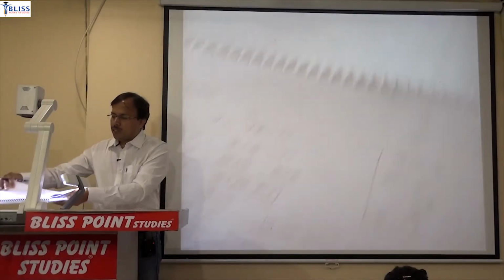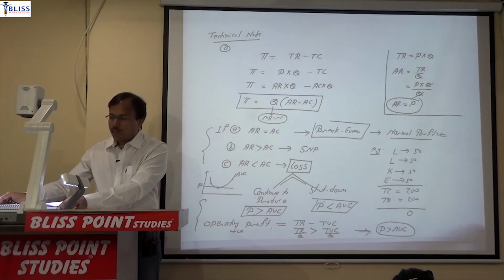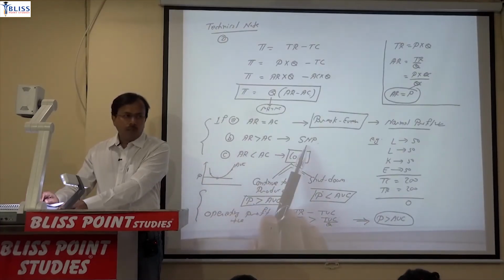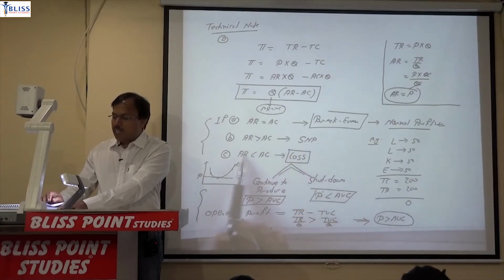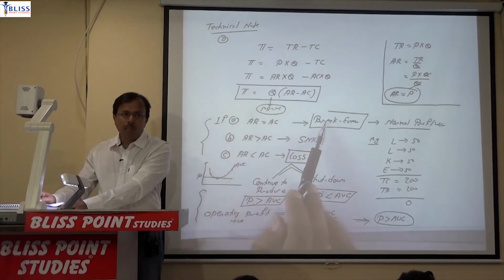I refer to that condition first. If AR is greater than AC, then there will be profit. If AR is less than AC, then there will be loss. If AR is just equal to AC, then there will be break even.